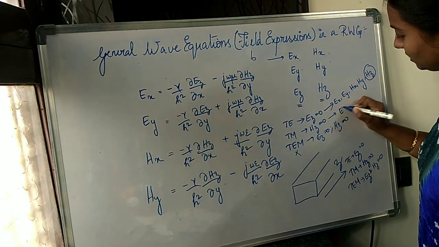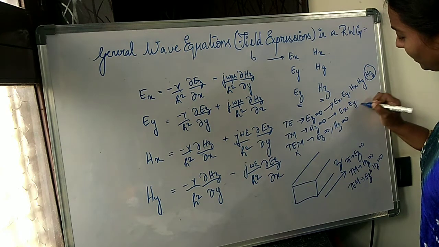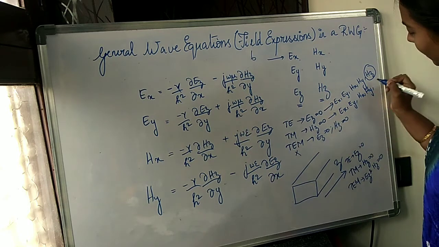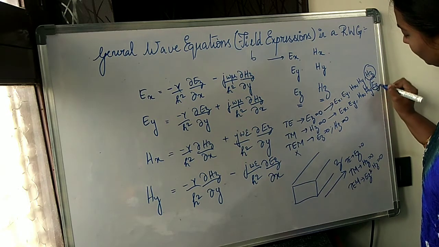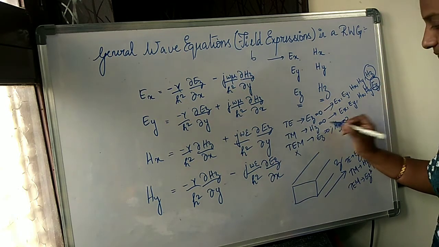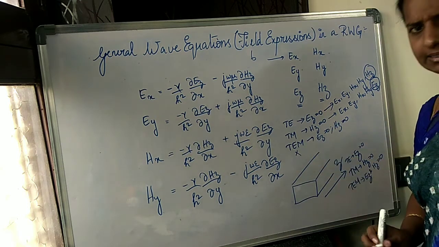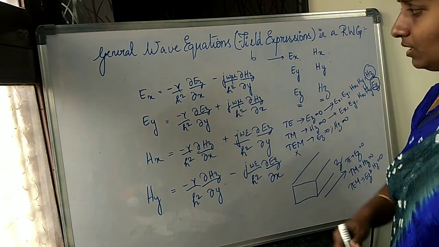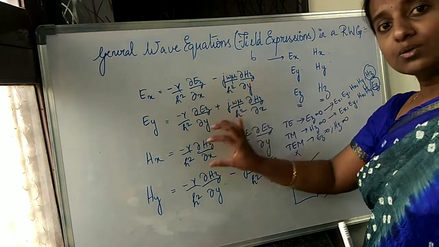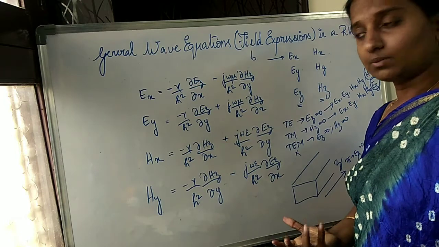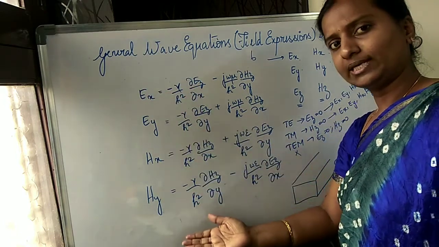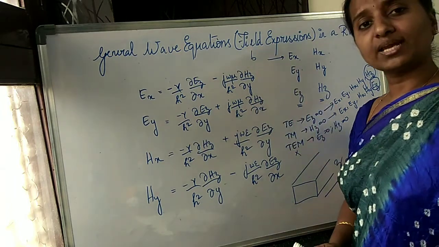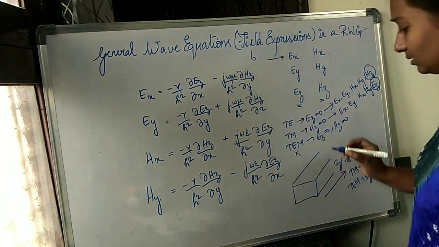So Ex, Ey, Hx, Hy and Ez are available here, and Hz is 0. If I take a TEM wave, both Ez and Hz are 0, so all the terms become 0. If all the terms become 0, Ex, Ey, Hx, Hy also become 0. So none of the field expressions exist in a rectangular waveguide for TEM mode.